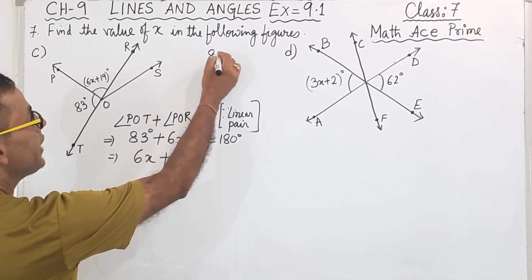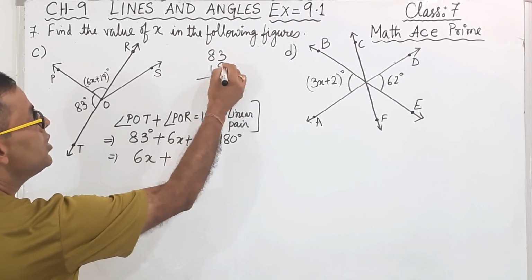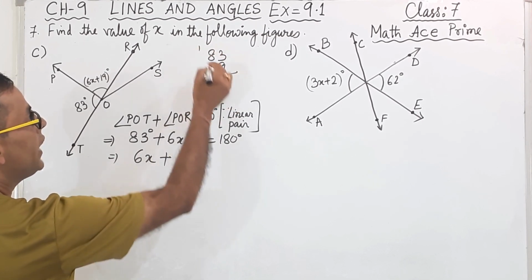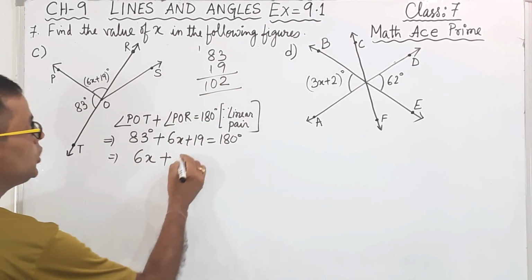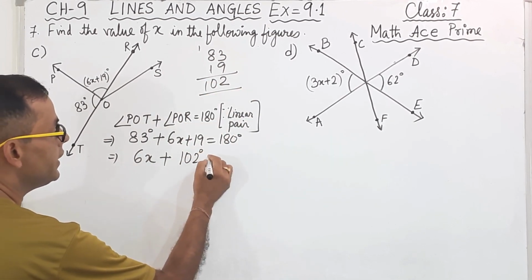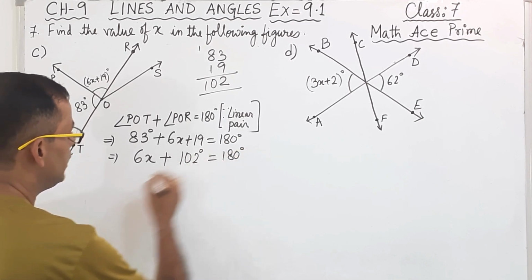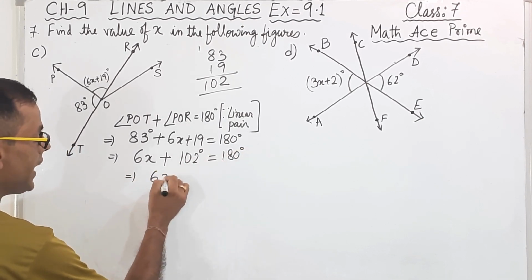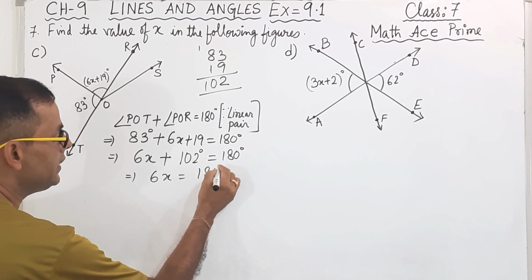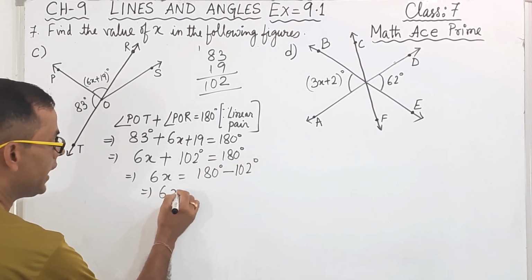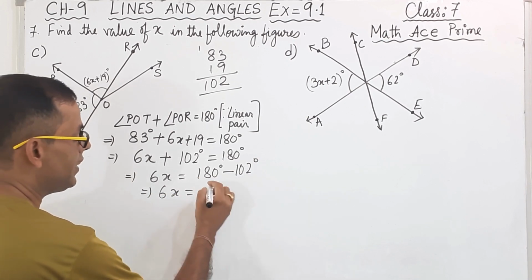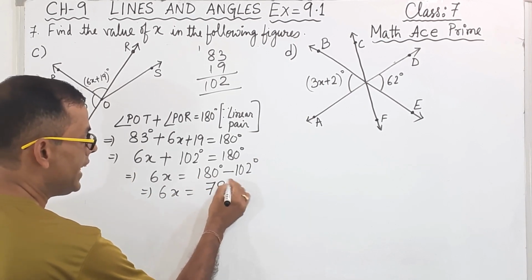You can do a rough here, 83 and 19. 3 plus 9, 12, 1. 8 plus 1, 9, 10. So what you get? 102 degree equal to 180. Okay. Now 6x equal to 180 degree minus 102 degree. So now you can subtract 180 minus 102. So it will be 78 degree.